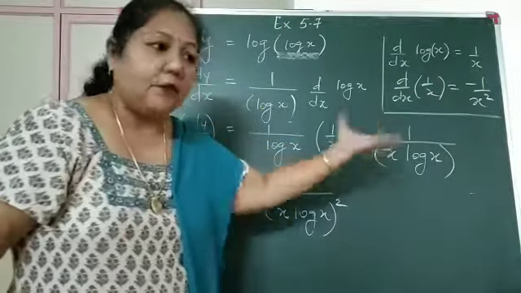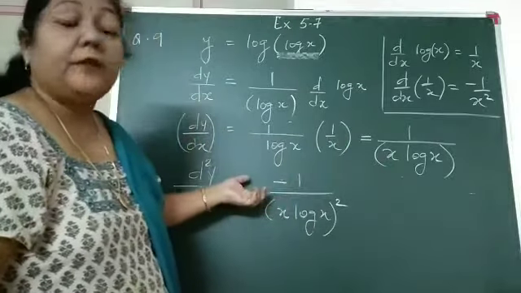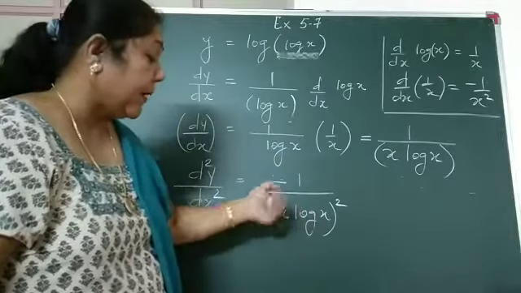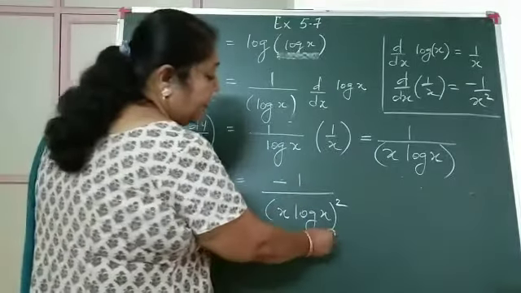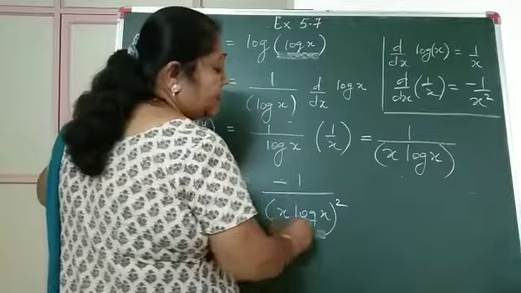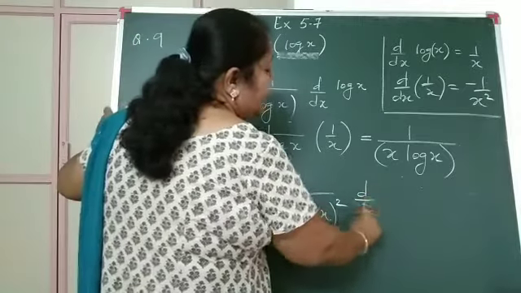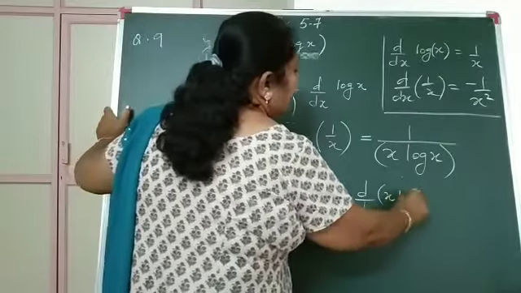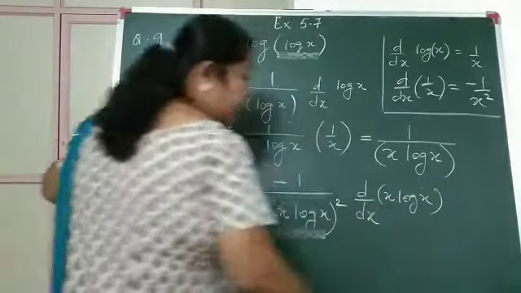So 1 upon some bracket. I have the differentiation of that as minus 1 upon that bracket square. But if that bracket term is not a single x, I have to differentiate it by chain rule, that bracket again, that is x log x.